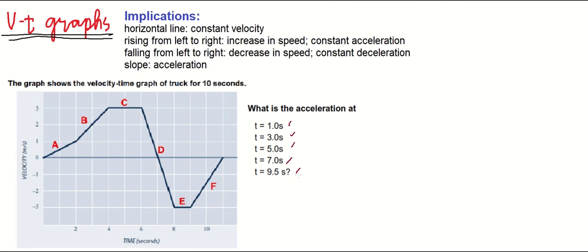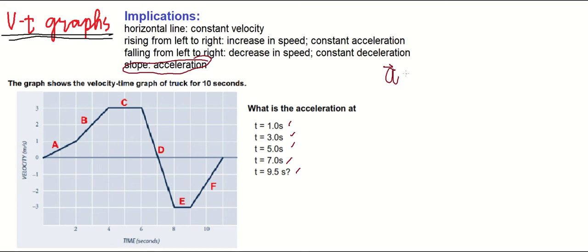As we already mentioned, when we are given a VT graph, the slope of this graph is the acceleration. So to solve for the acceleration, all we need to do is to solve for the slope.